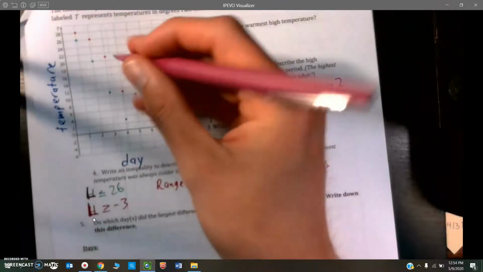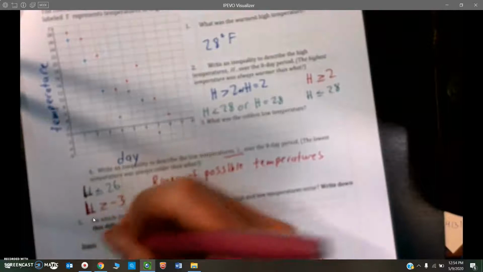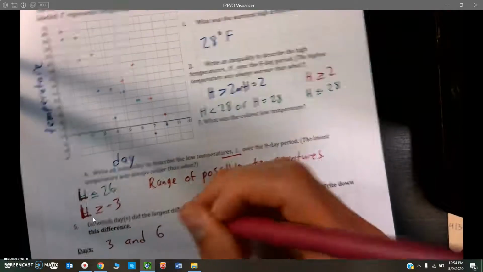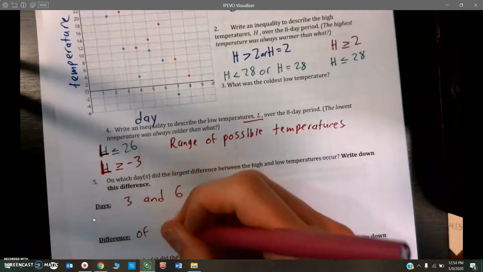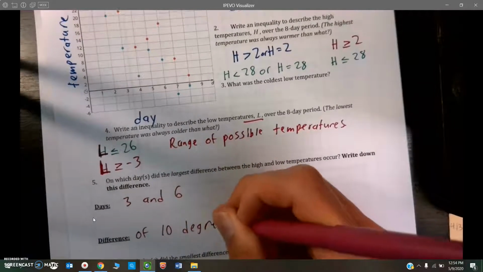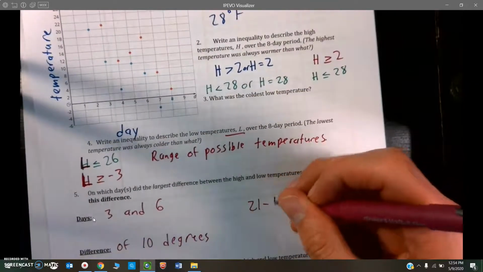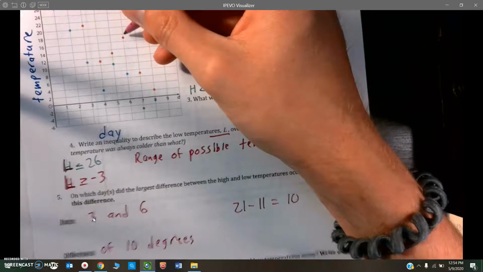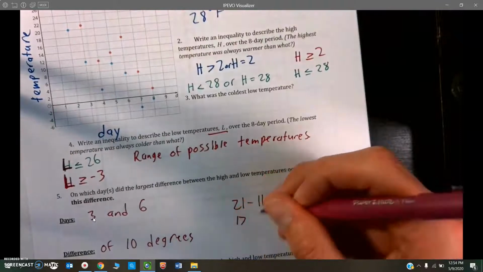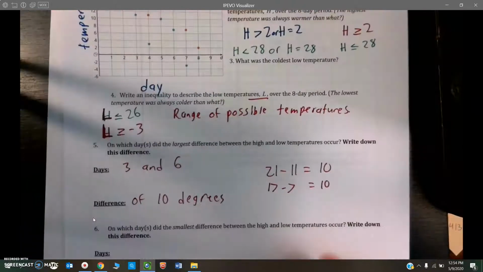So on days 3 and 6, they had a difference of 10 degrees. So once again, 21 minus 11 equals 10, and then on day 6 we had 17 and 7. So they were 10 degrees apart on that day.